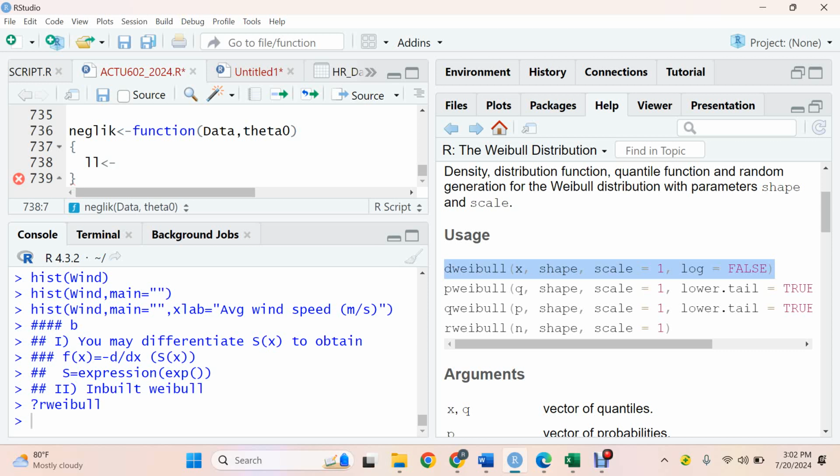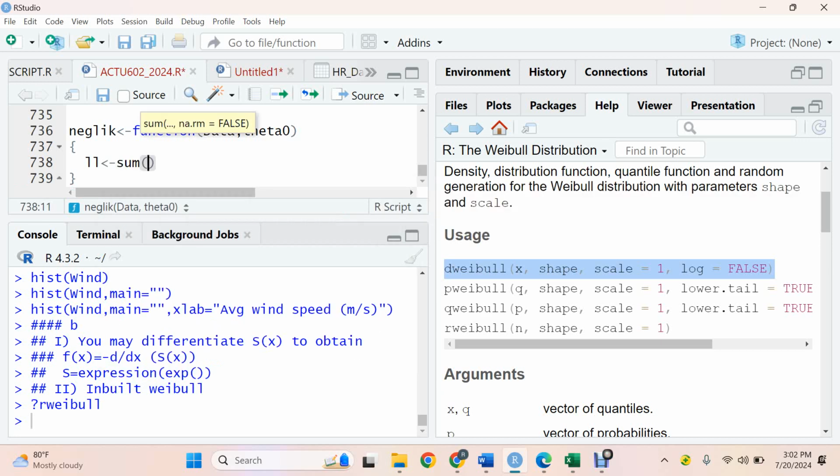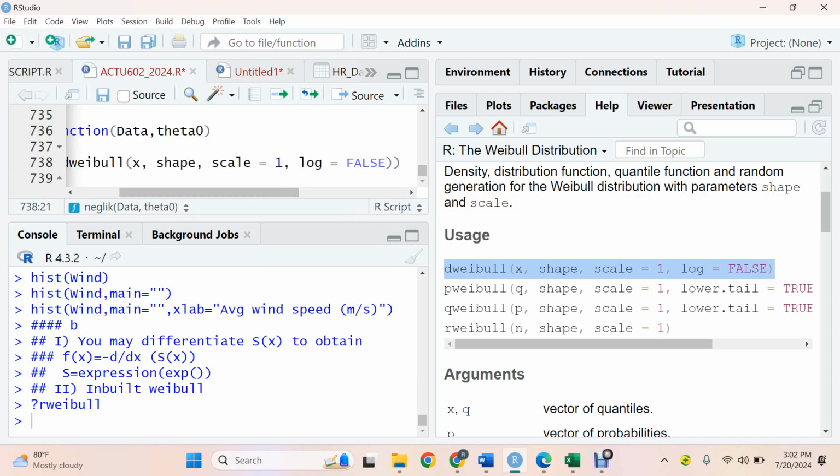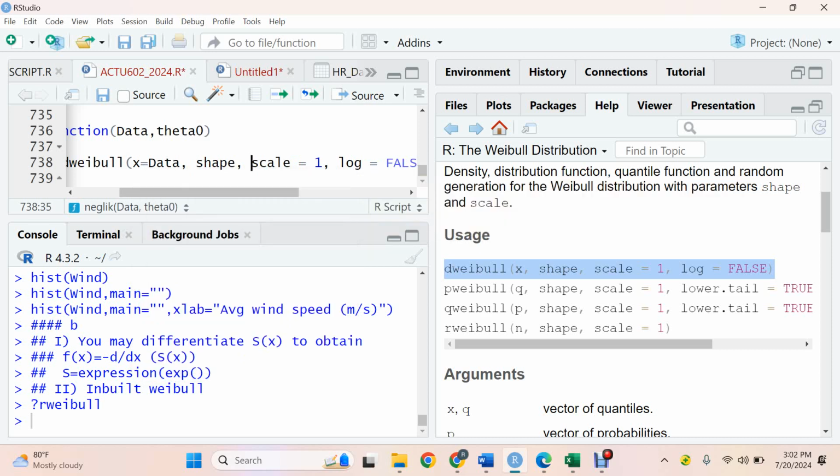Or maybe I do this and then we sum. Then I put in my d-weighable. What is x? X is going to be the data. Then the shape may be theta, so it means theta will be a vector.